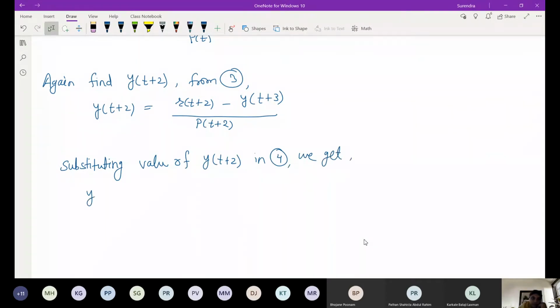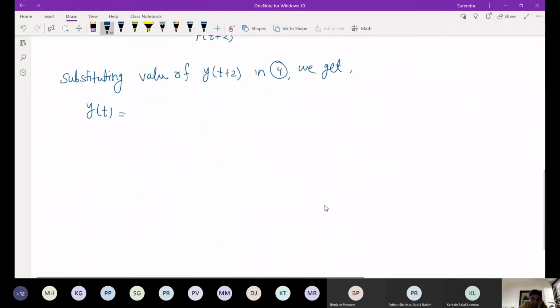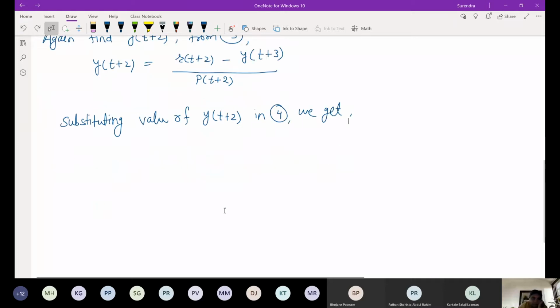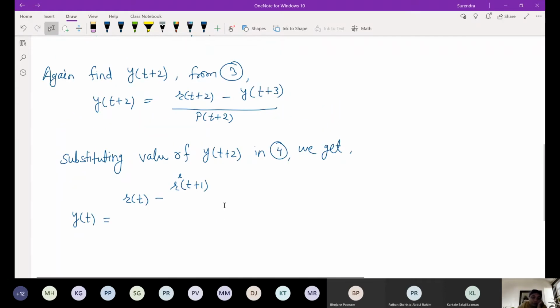Y t is equal to r t minus r at t plus 1 minus y at t plus 2.